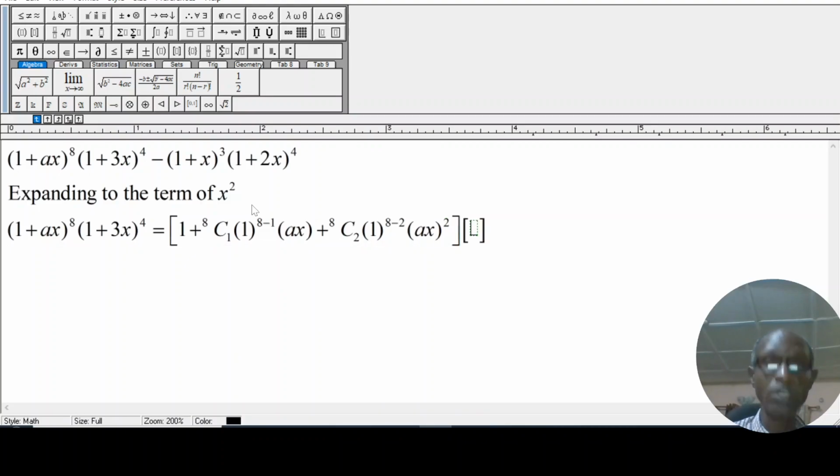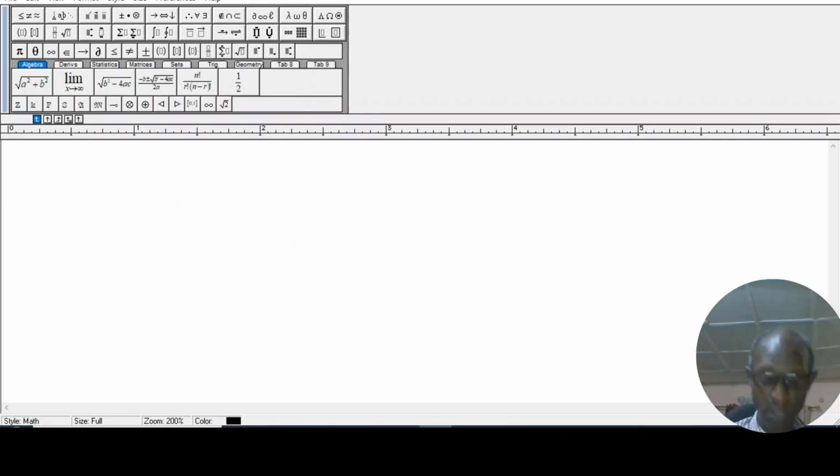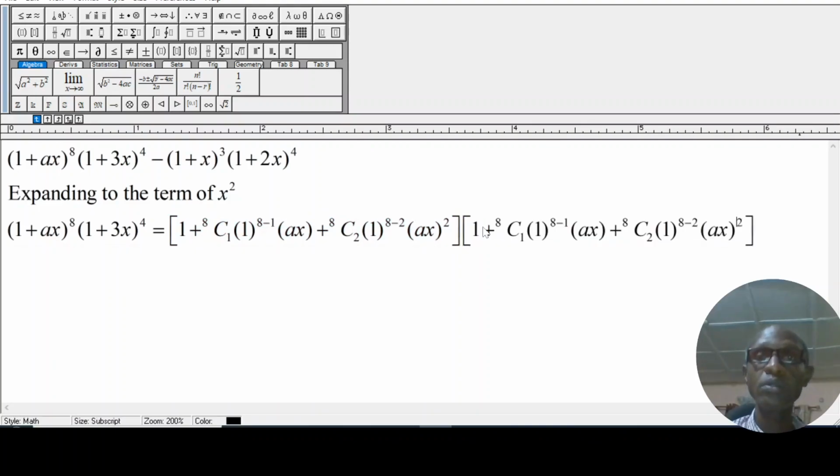So I come to the second side also, I do the same thing. I'm just going to copy this for the sake of time and change it. So this is 4, and this is 4.